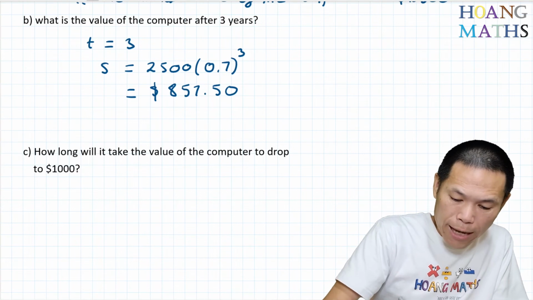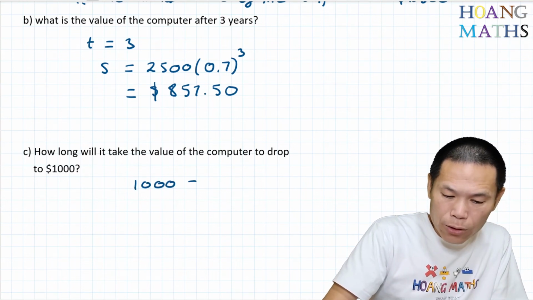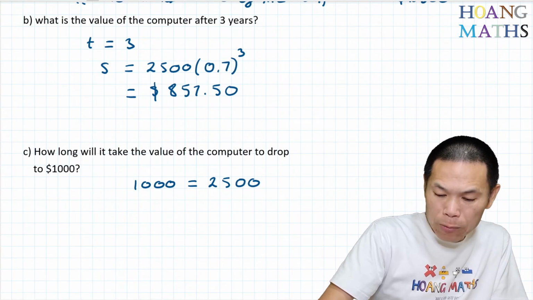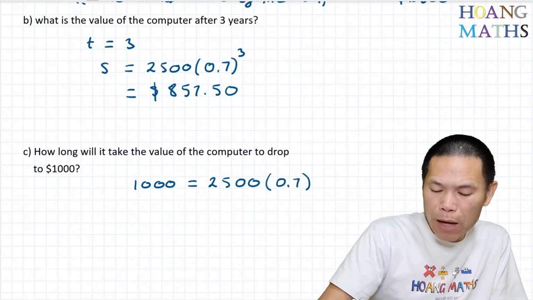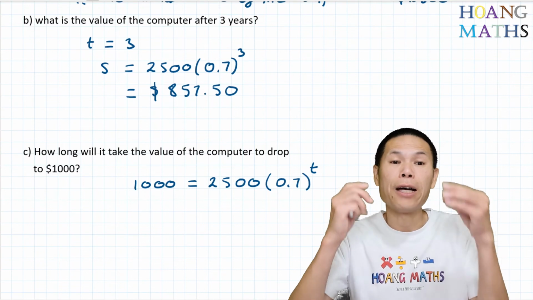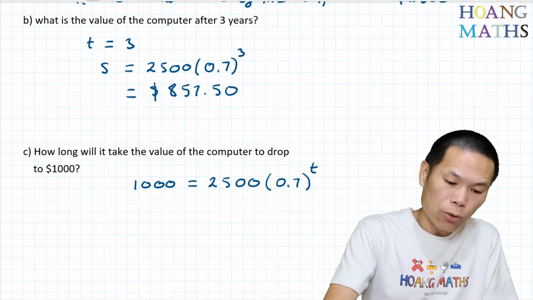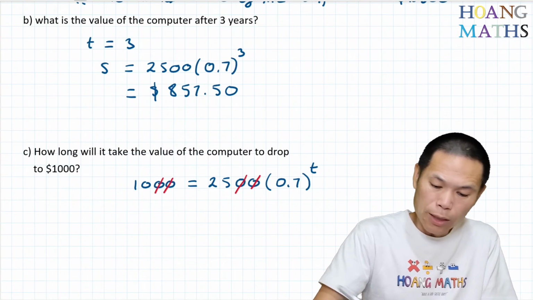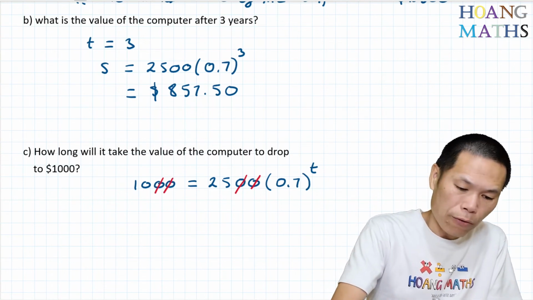So 1,000 is equal to 2,500 times 0.7 to the power of t. So we need to find the value of t. So what I do, I divide by 100 on both sides. Will give me this. And we divide by another 25.